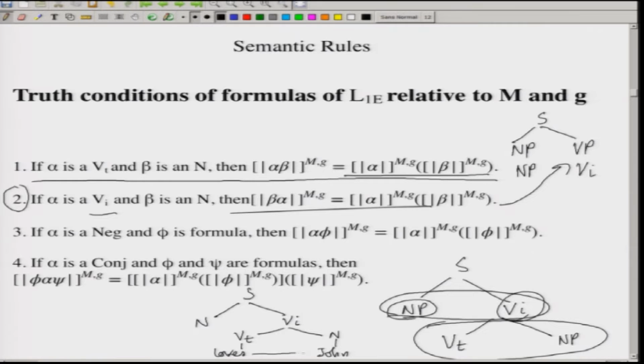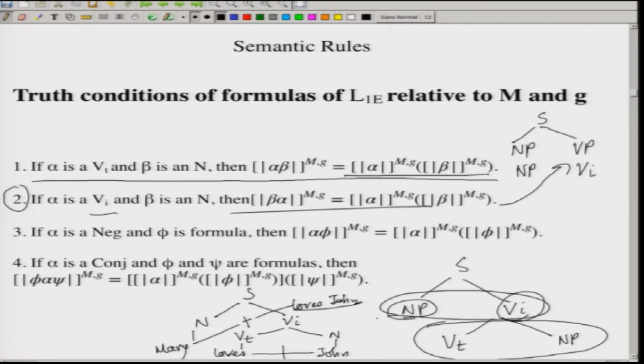So John and loves unite, and here this is already loves John, and this goes to Mary. So loves John and Mary come together to make Mary loves John.